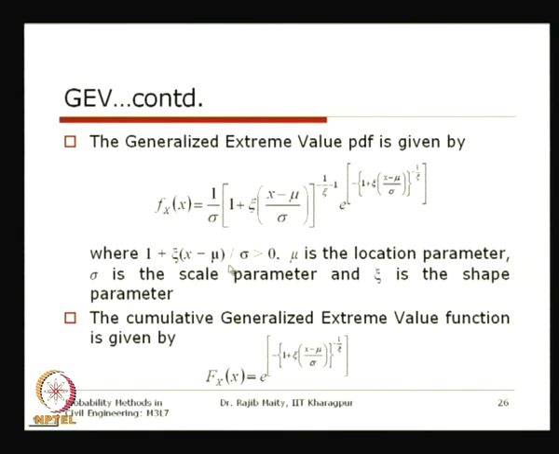That is basically the support of this distribution. Mu is the location parameter, sigma is the scale parameter, and xi is the shape parameter. As we have these three parameters, by controlling them and satisfying this condition, we can arrive at different distributions. In the cumulative distribution of this general form, we have the exponential of this group to the power 1 by xi.